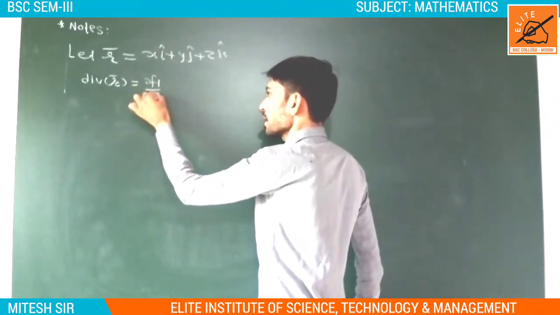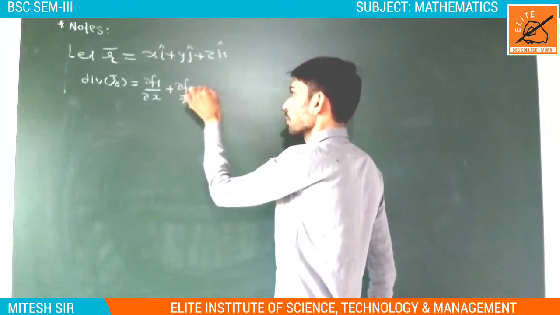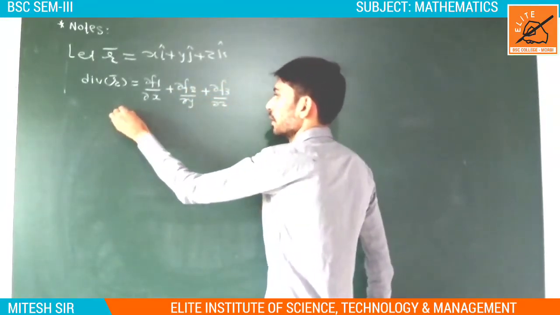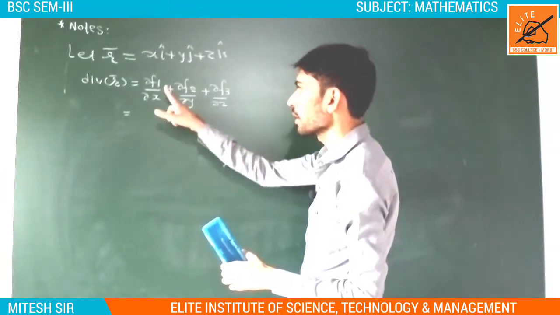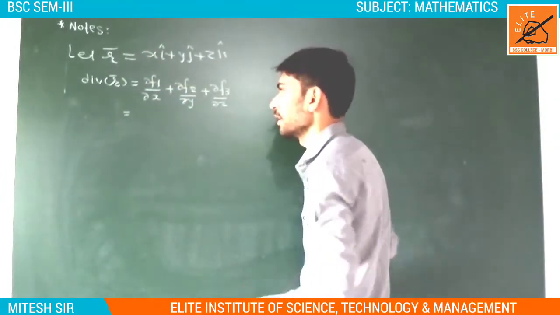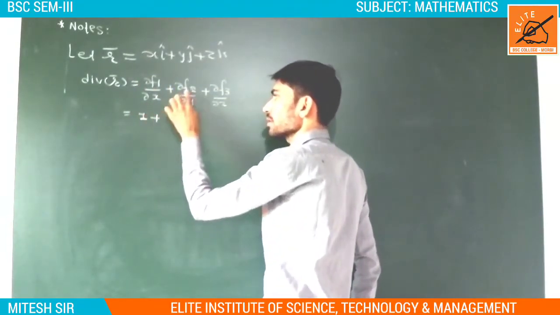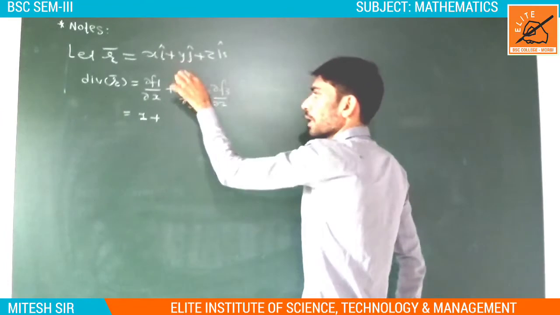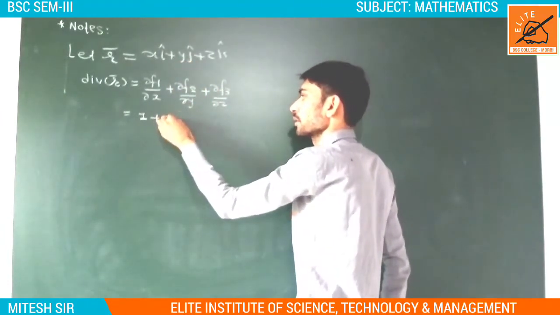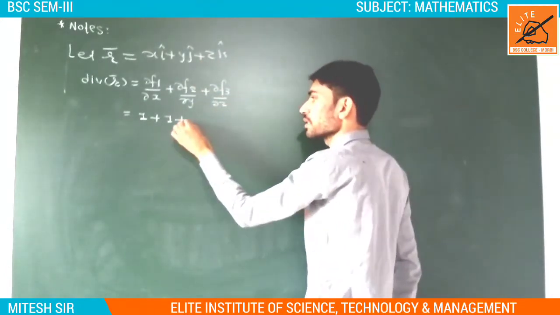Del f1 upon del x, plus del f2 upon del y plus del f3 upon del z. Our f1 is x, f2 is y and f3 is z. So del f1 upon del x is 1, plus del f2 upon del y, partial derivative of y with respect to y, means again 1, plus f3 is z and partial derivative with respect to z means 1.